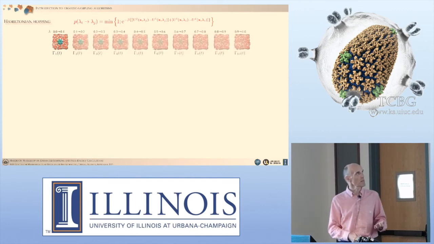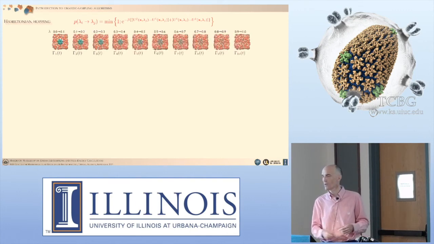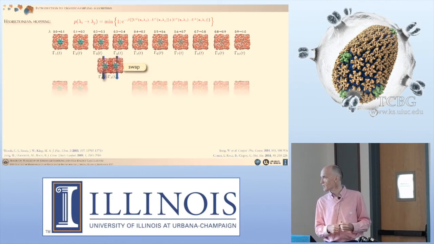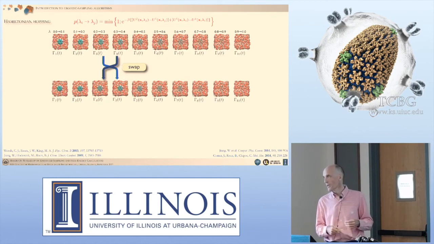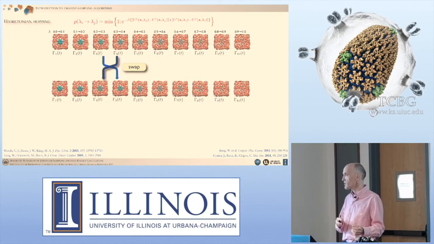You clone that on the different processes that you have at your disposal, then you propose some swapping between lambda states, and you decide to accept or reject according to the energy of the box with respect to the different lambda states, just like in a regular replica exchange approach.